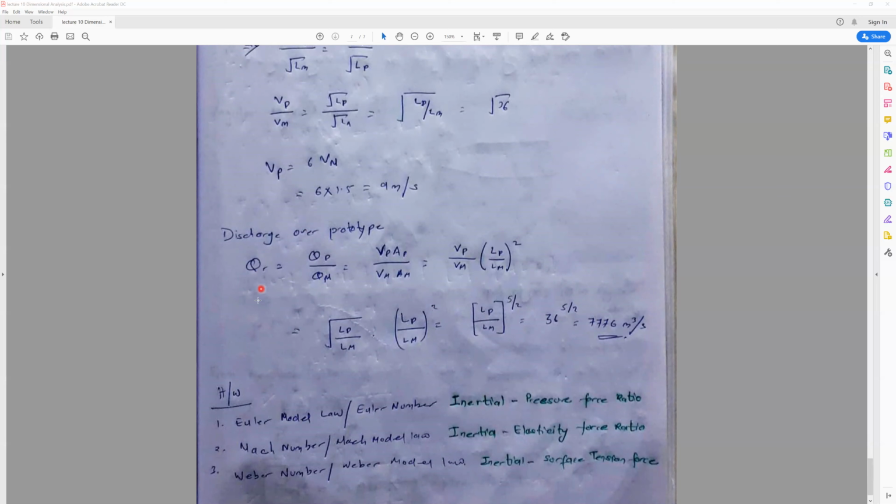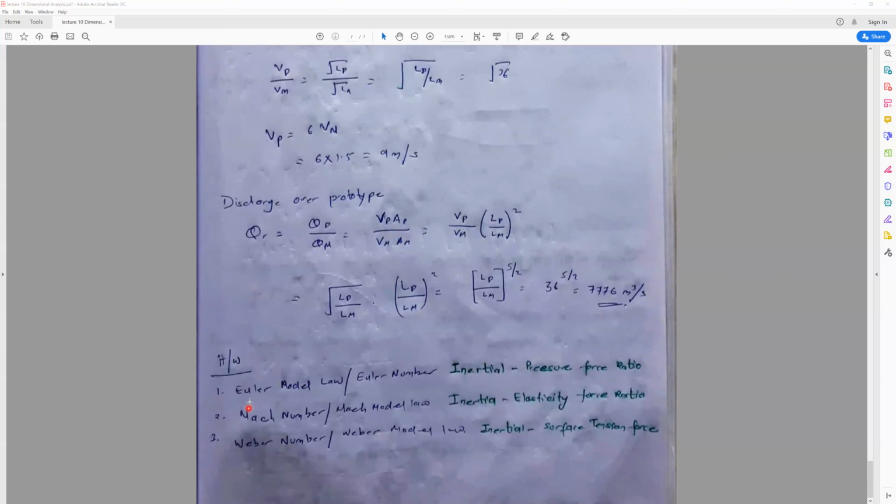Now what I want you to do is investigate the Euler number, Mach number, and Weber number. The Euler number is the ratio of inertial force to pressure force. The Mach number is the inertial force to the elastic force. The Weber number is the inertial force to the surface tension force.